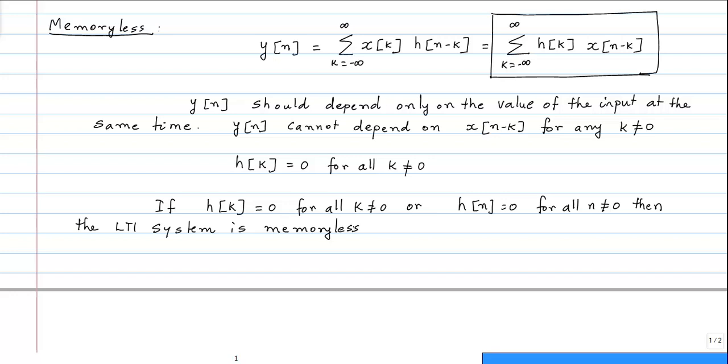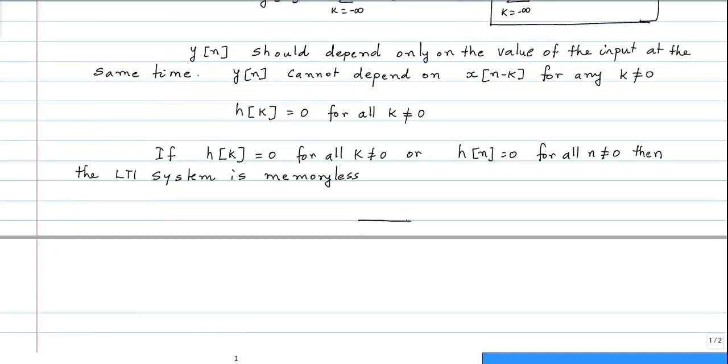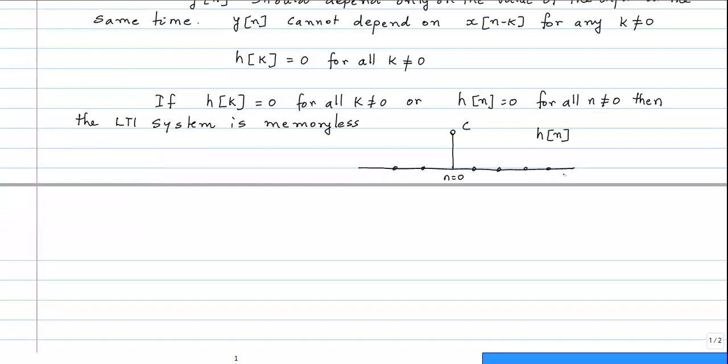What this also means is that h of n is pretty much a delta function, except that it's a scaled delta function. It can take any arbitrary value at time 0, but for all other values it is zero. Let's call this some constant c. So h of n, the impulse response, needs to be of this form. Only in this case is the linear time invariant system memoryless.